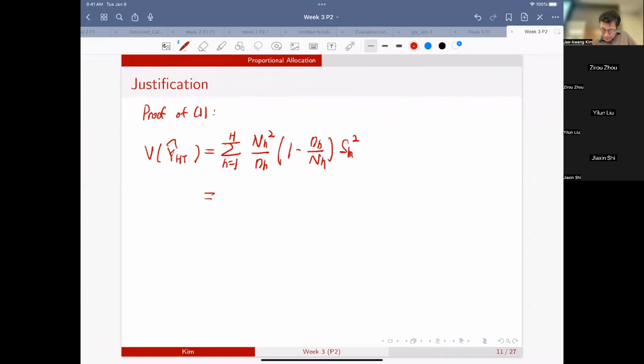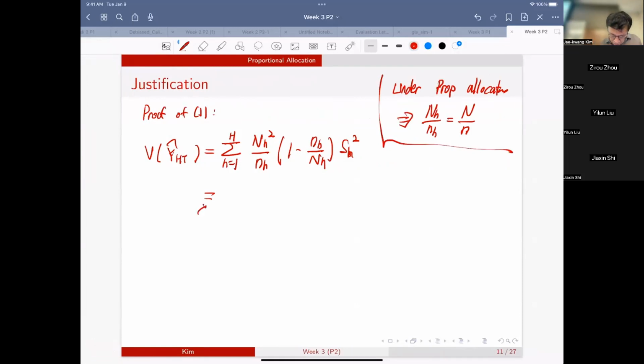And then on the proportional location, right? On the proportional location, we have this property.